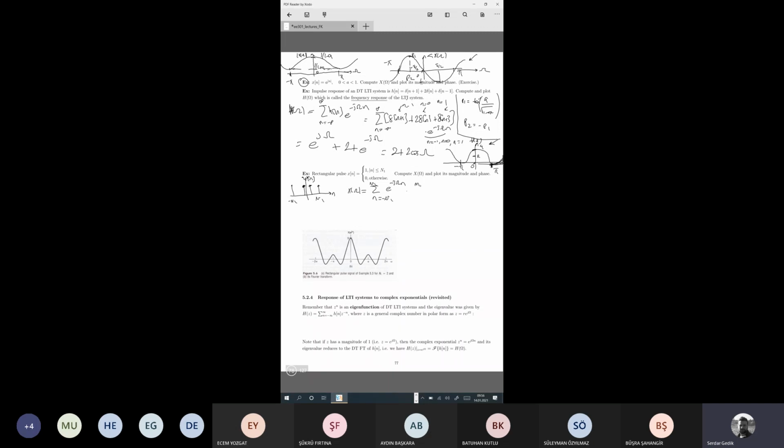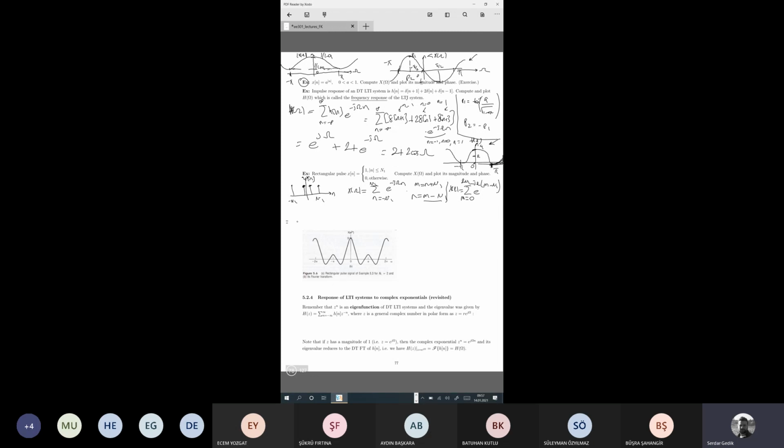If you let m = n + N1, or n = m - N1, then X(ω) is simply the summation over m from 0 to 2N1 of e^(-jω(m - N1)). So I put m minus N1 instead of n.